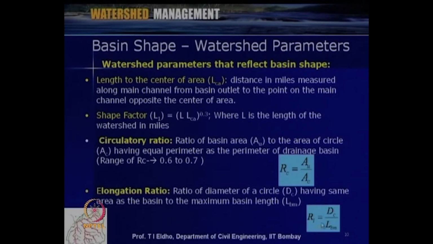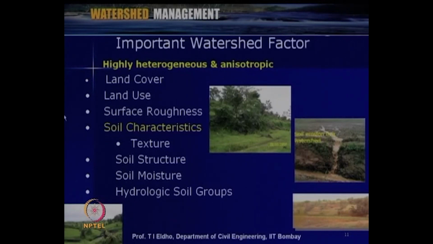So the elongation ratio RL is equal to DC by LBM, where DC is the diameter of a circle having the same area, and LBM is the maximum basin length. So, as far as the basin shape is concerned, these 4 important parameters are the length of the center of area, shape factor, circulatory ratio and the elongation ratio.